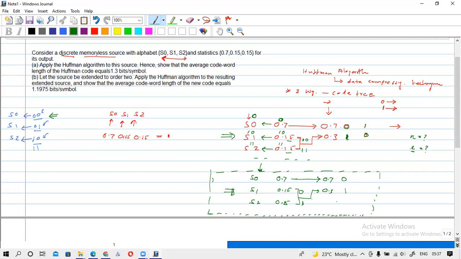Here also, if you assign the code tree, you have to read the bits in this way. As I can remember, you have to read the bits in this way. So for S0 it is 0, for S1 it is 1 0, and for S2 it is 1 1. Correct?